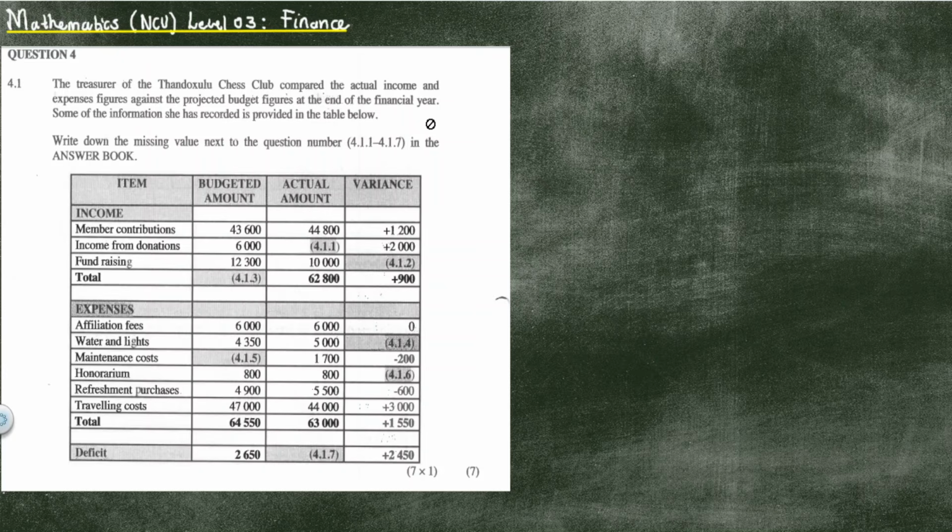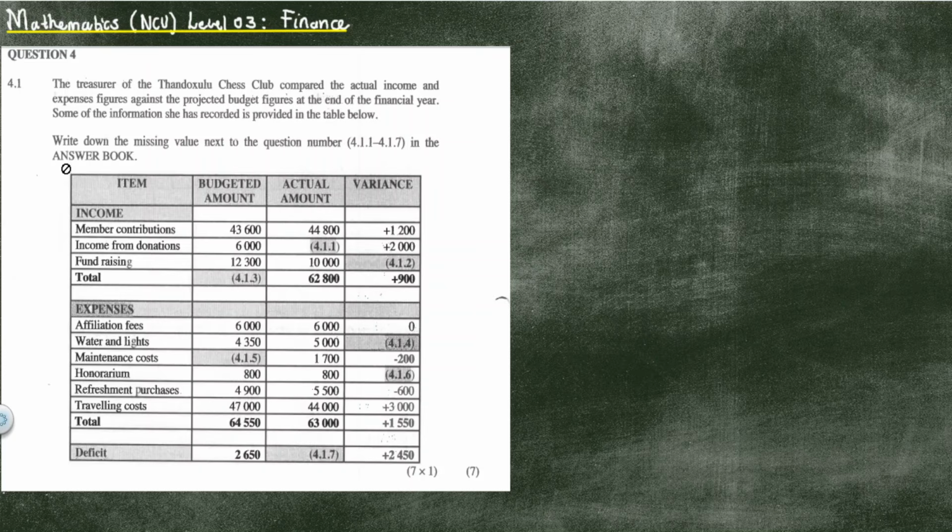So let's say maybe it's the beginning of the year. We have budgeted maybe a certain amount. So I'm speaking as if we are part of the committee of this chess club. Okay, so we have a budgeted amount and the actual amounts that are allocated for that year. Okay, so the budgeted amount, it's what we are planning to spend for that particular year.